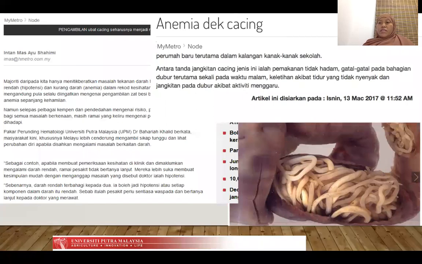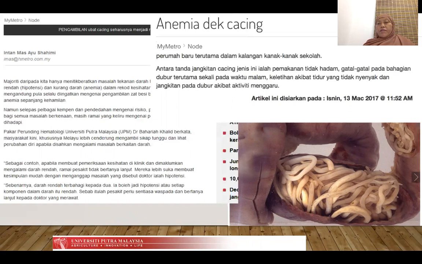In 2017, I did explain about deworming, the importance of deworming in our population, which has always been disregarded. And in fact, if you try to remember when was the last time you took Zentel or deworming medications, I'm sure most of you would say when I was very small.